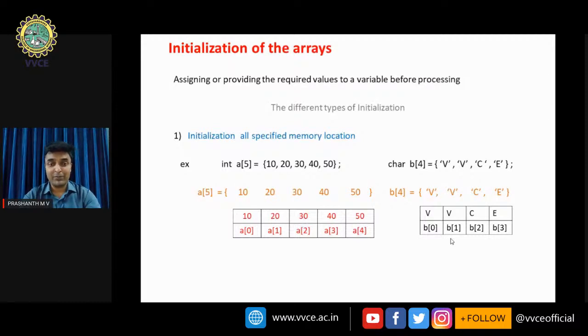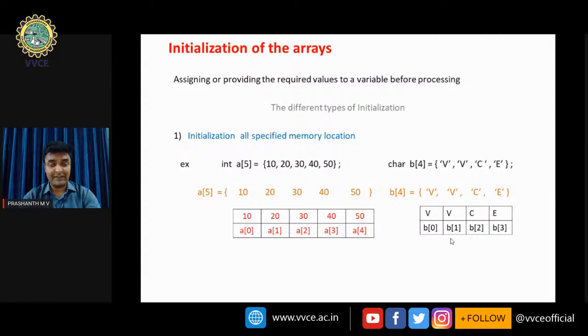For all the memory locations available to me, I am assigning values. Since the array name is a, which is reserved for 5 memory locations, I am giving 5 values for this: 10, 20, 30, 40, 50, like that.